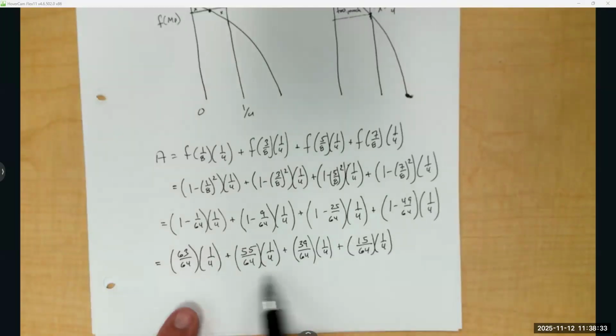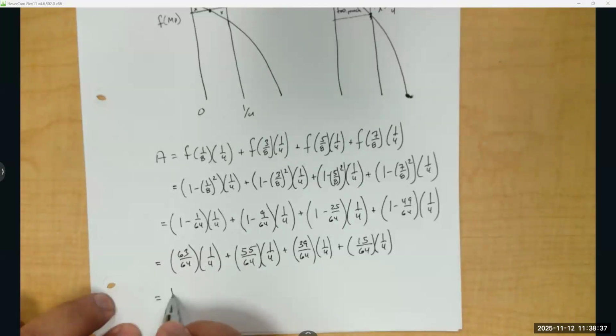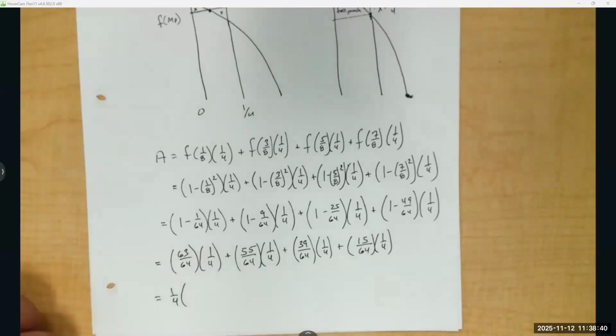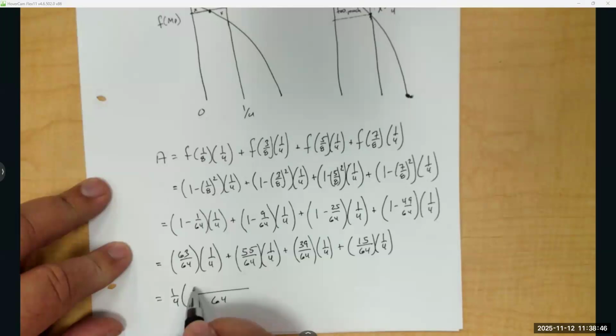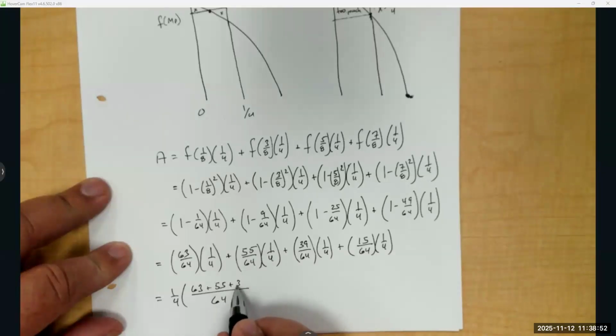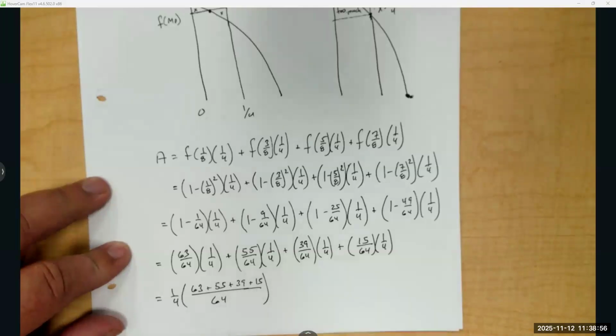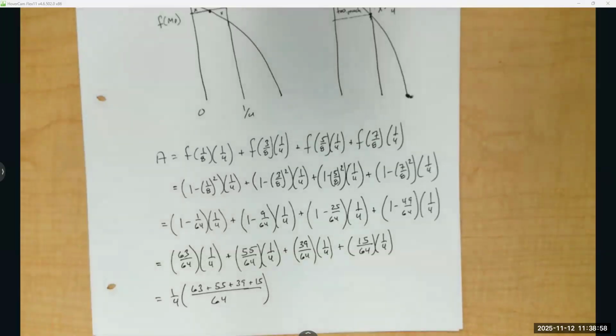Since they all have 1/4 next to it, we could just factor out the 1/4 and just add all these other ones. So we have 63 plus 55 plus 39 plus 15 all over 64.